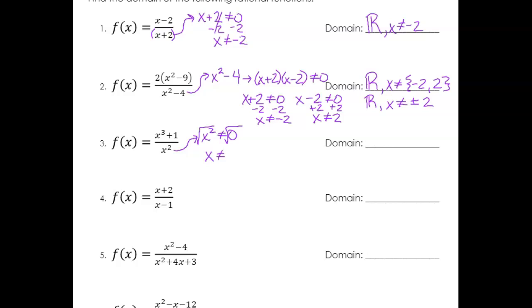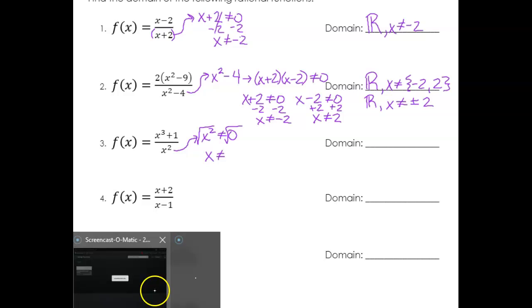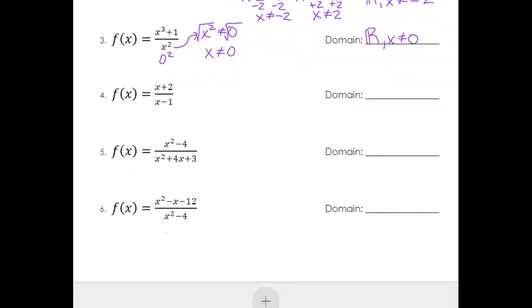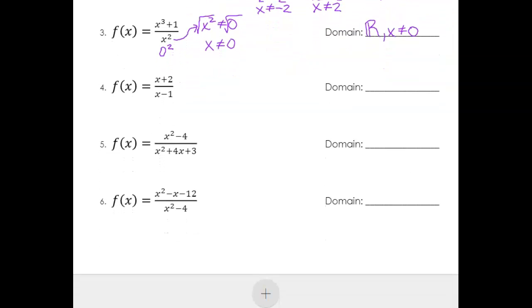Typically when you square root you get a positive and negative answer, but in this case the square root of 0 is just 0. So my domain is all real numbers except x cannot be 0. Because if x were 0, 0 squared is 0, and that would be a denominator of 0. That would be undefined.